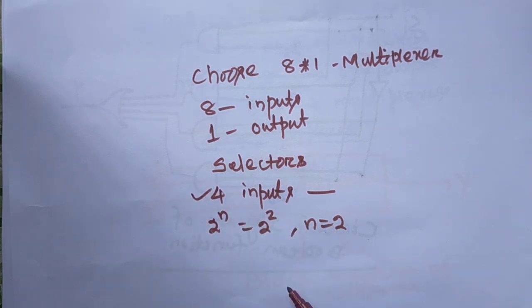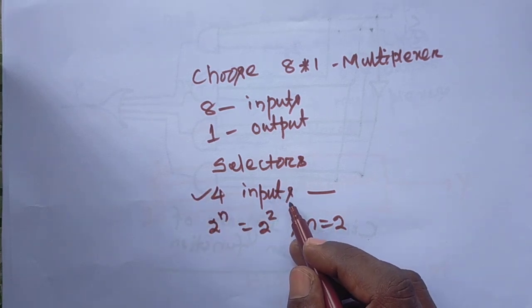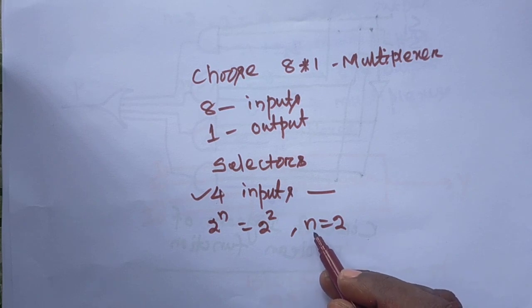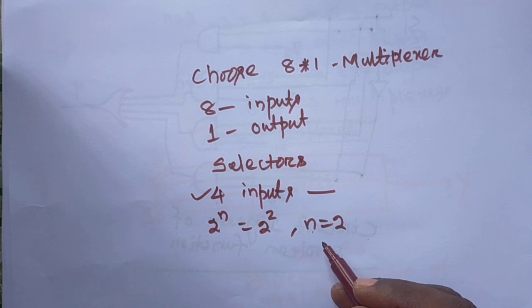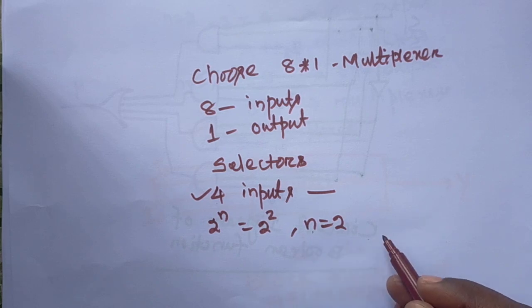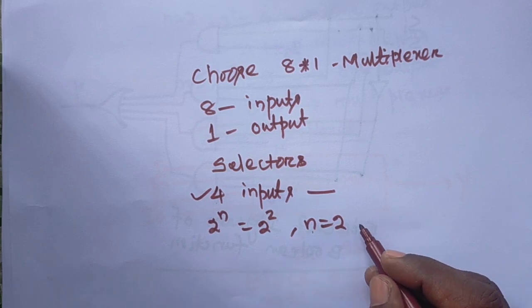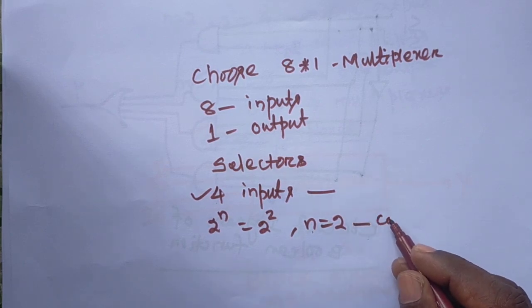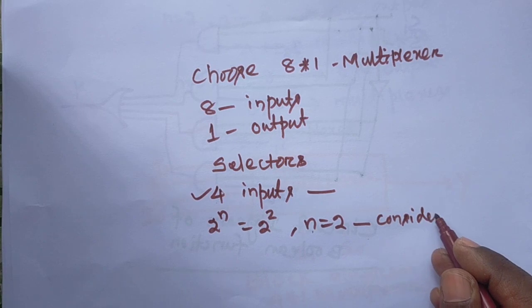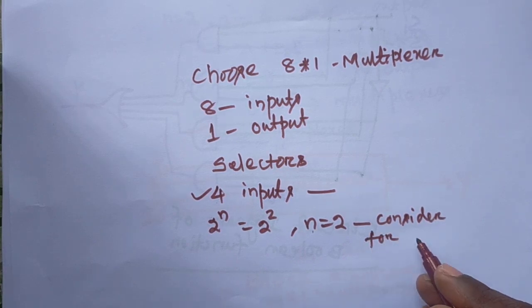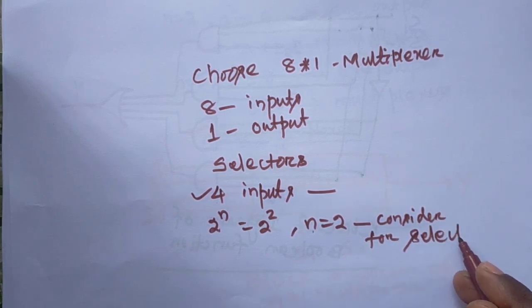So when 4 inputs are considered, n is equal to 2, and that value of n is what we consider for the selectors.